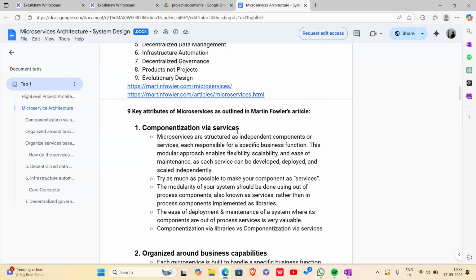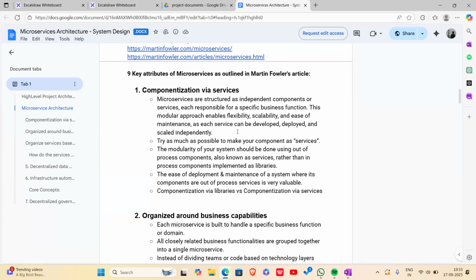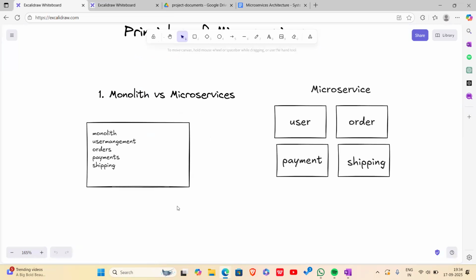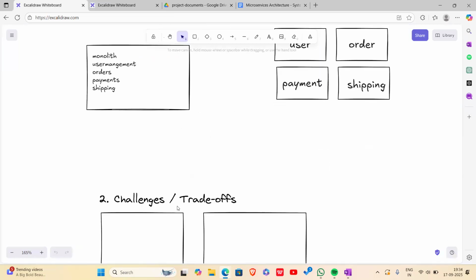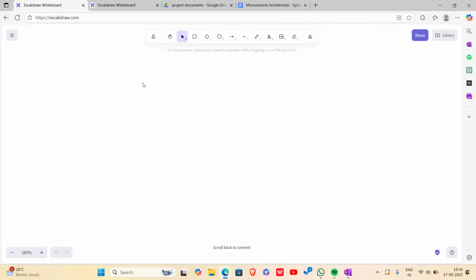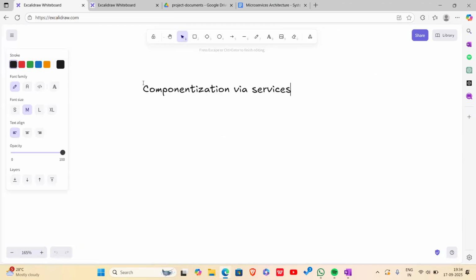Componentization via libraries is, sorry, componentization via services. So componentization via services. The first.